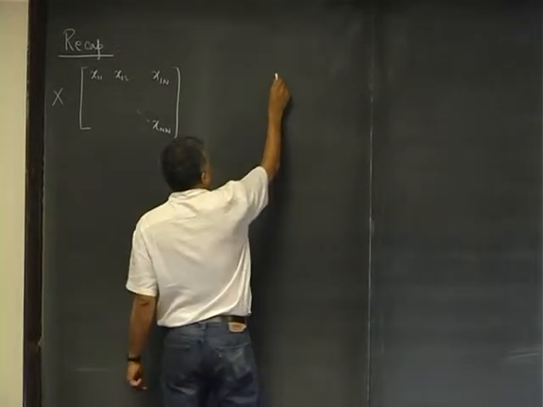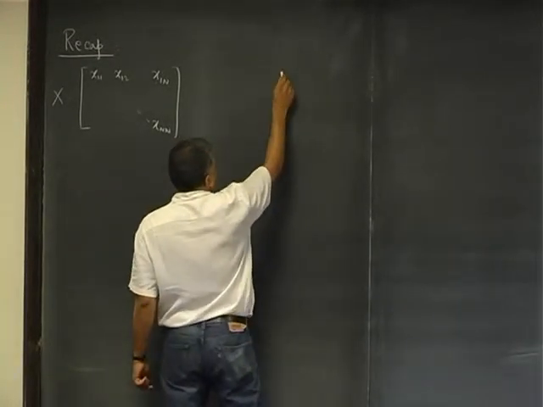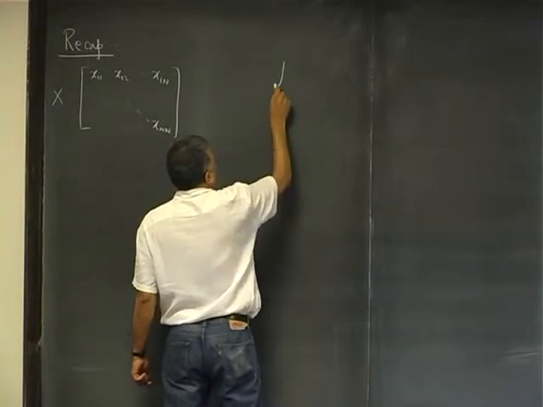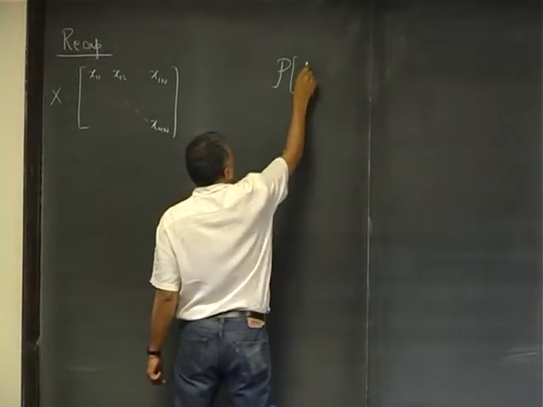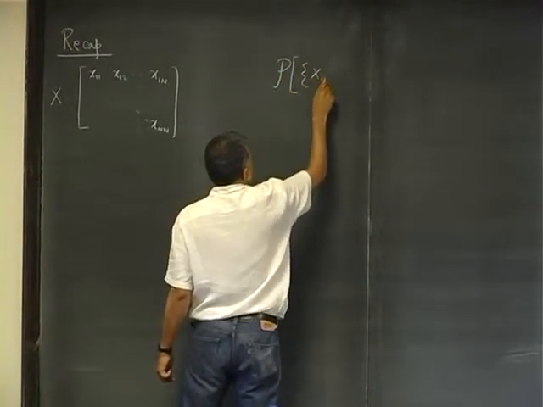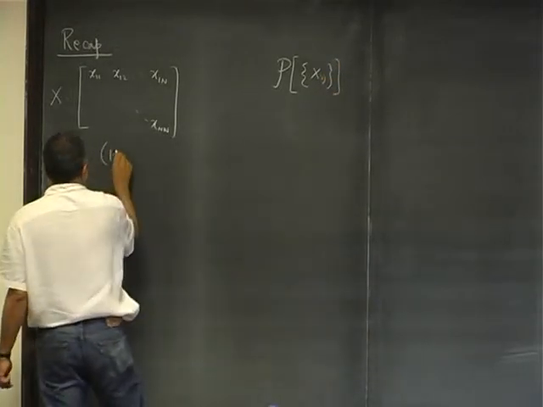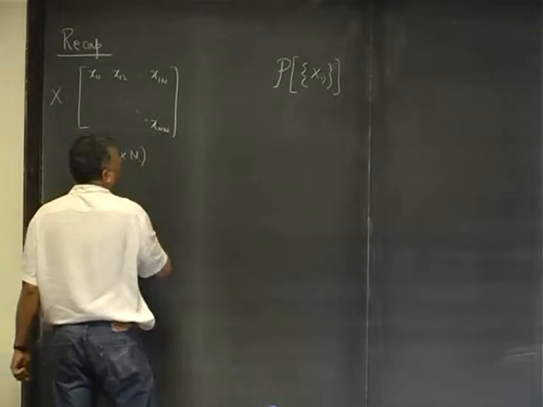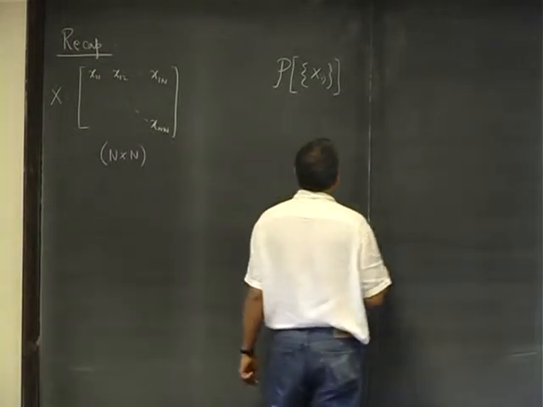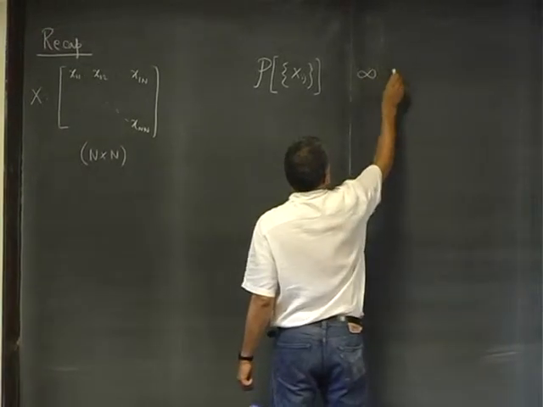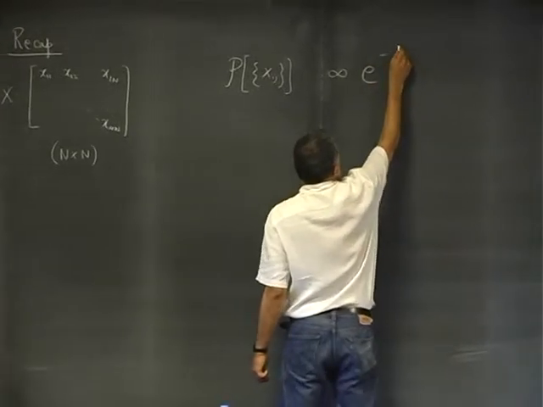And we said we are looking at the rotational invariant ensembles where you have a joint distribution of these matrix elements, n by n matrix. So for instance, we took something, in general, of this type.